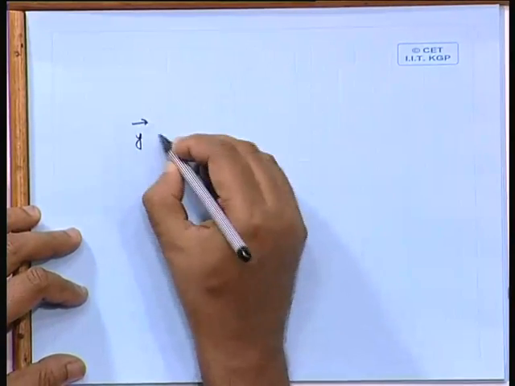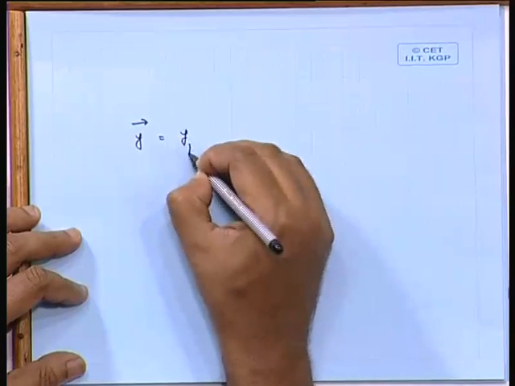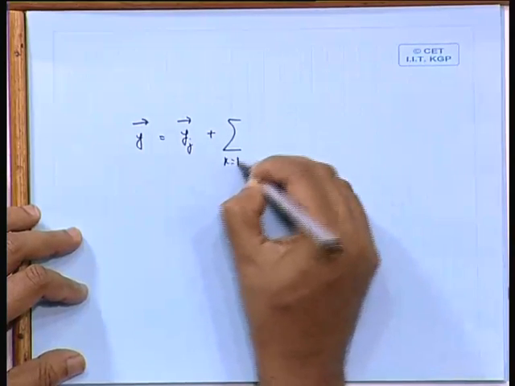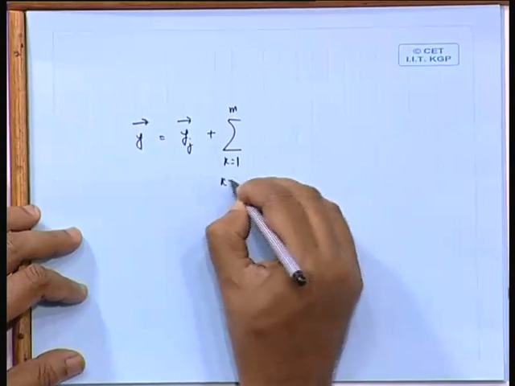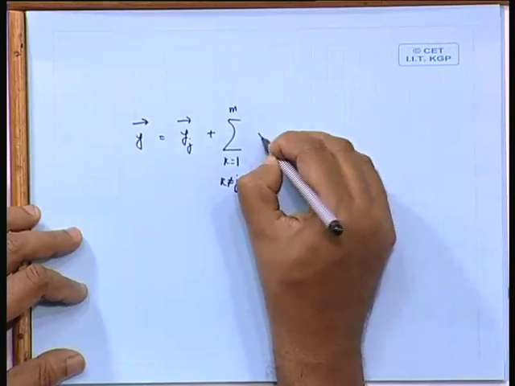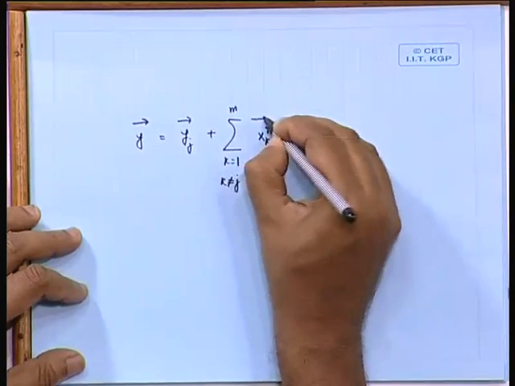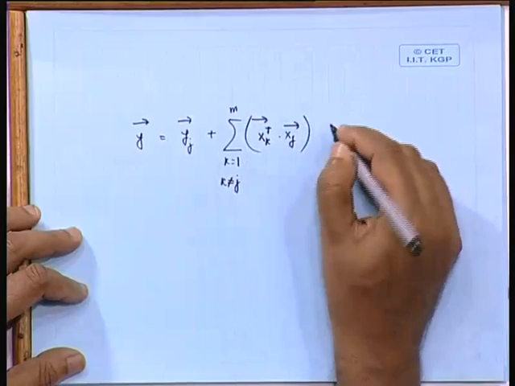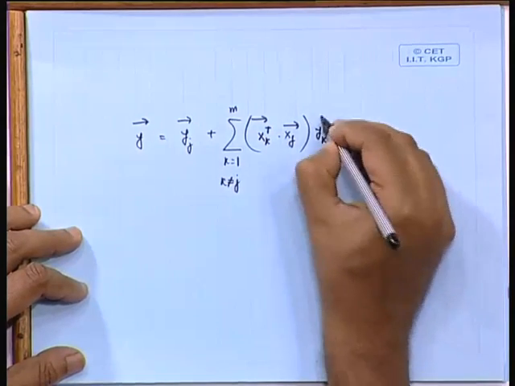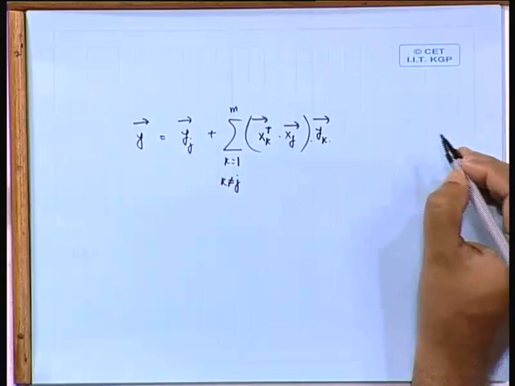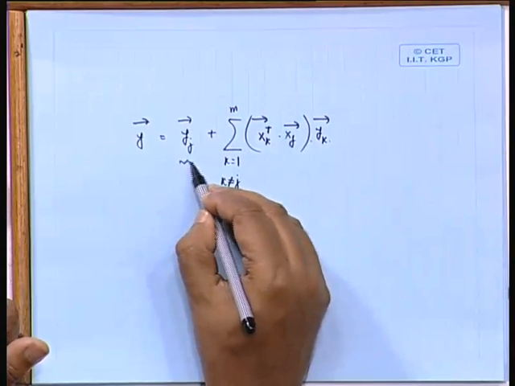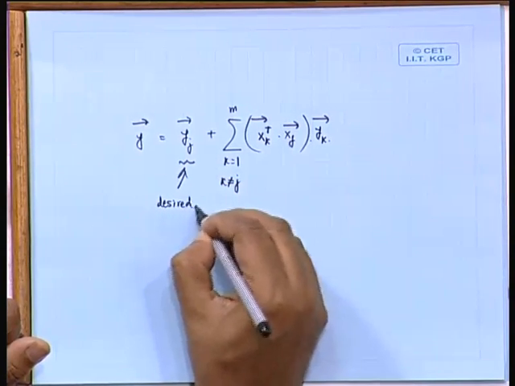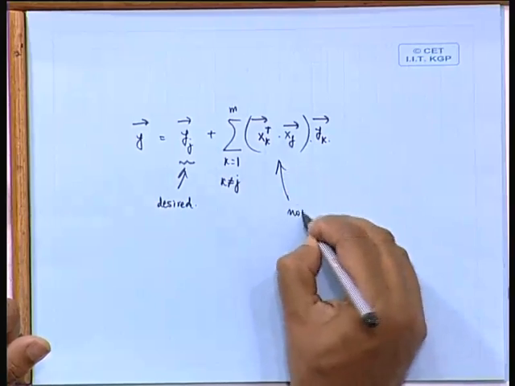We have already obtained that Y is equal to Yj plus this term, which is for k is equal to 1 to m and k not equal to j, Xk transpose vector and Xj vector, the product of these two, times Yk vector. Okay. So, this is the relation. Now, this one is very simple. This is our desired term, okay, and this is the term that contributes to noise.